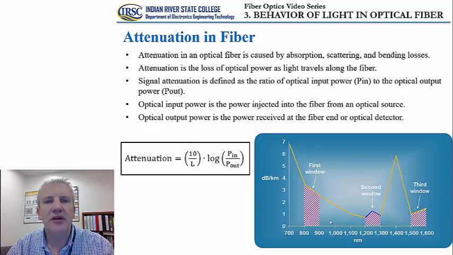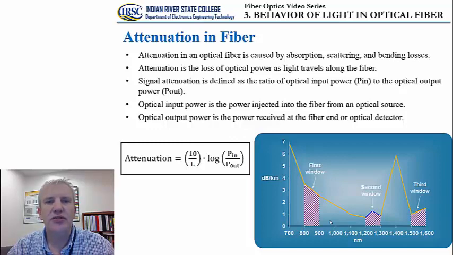We would be comparing these two powers. We'll see that they are different. We'll see that the output power getting out of the fiber at its end is going to be less than the power of light or the signal that we launched into the optical fiber due to so-called attenuation.